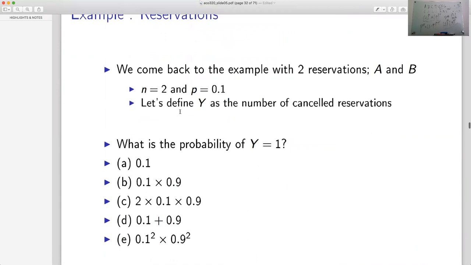So we come back to the example with the 2 reservations, A and B. So N equals 2 and P equals 0.1. What is the probability that Y equals 1? Can you try to pause this video while I'm erasing this? Also try to go over those questions and get the answer on your own.